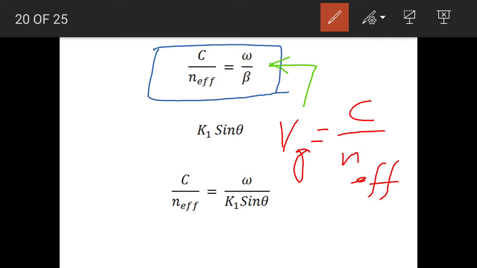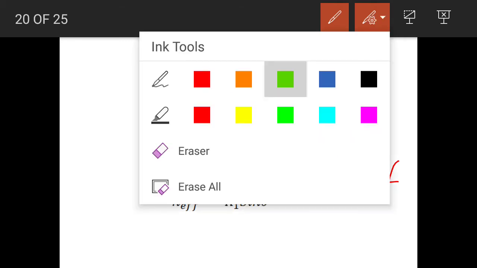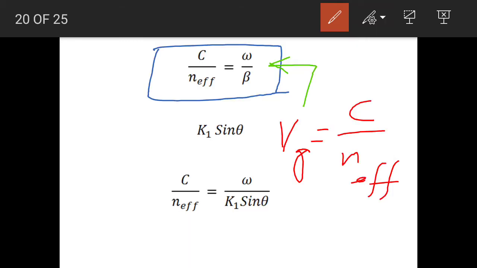And we know that beta is basically equal to K1 sine theta.